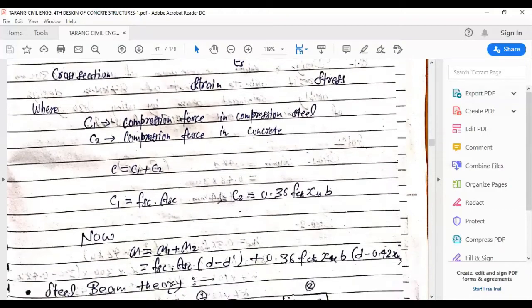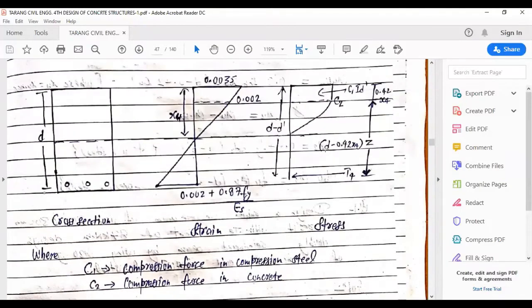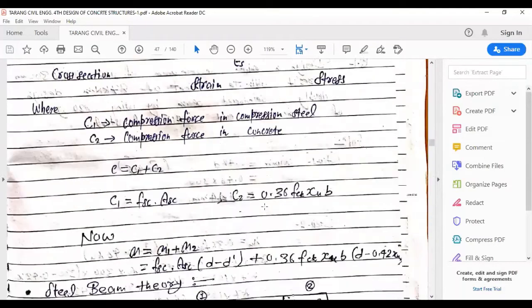Now finding the moments. Because there are two compressive forces, total moment would be M1 plus M2. For the compression steel, the moment is given by FSC multiplied by ASC, and this whole multiplied by D minus D dash. Because C1 is acting here, from here till here it is D minus D dash.